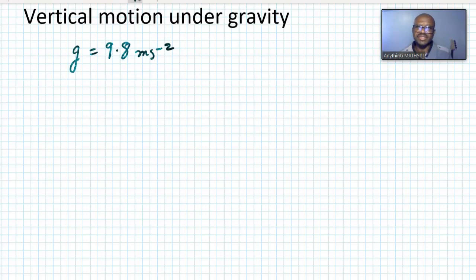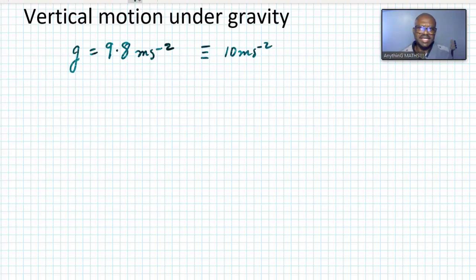As a result, g is going to be 9.8 always in our calculations, unless we are told otherwise. In some questions, they will say let g be 10 meters per second squared, just for easier calculations.